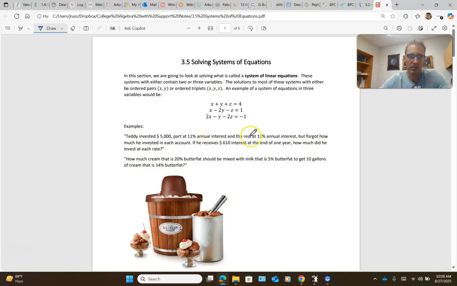And then I put a couple in here in your notes. This is an interesting one here. It says Teddy invested $5,000, part at 11% annual interest. And we'll talk more about this later on in the course. And the rest at 13% annual interest.